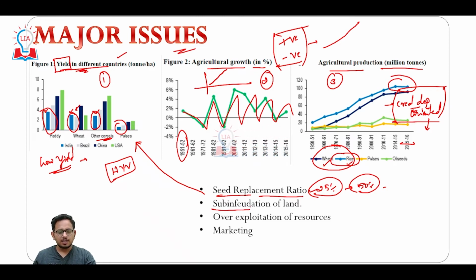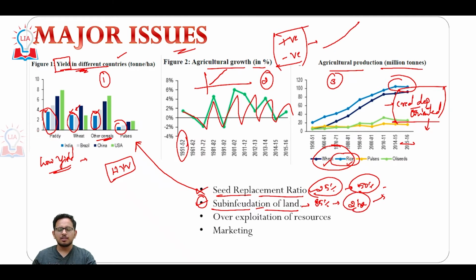The next one is sub-infiltration of land. These are the very key terms: seed replacement ratio, sub-infiltration of land. If you write the same keywords in your answer, you will be able to get very good marks. Sub-infiltration of land is that fragmentation of land. You all know that 85% of the agricultural land in India is less than 2 hectares.